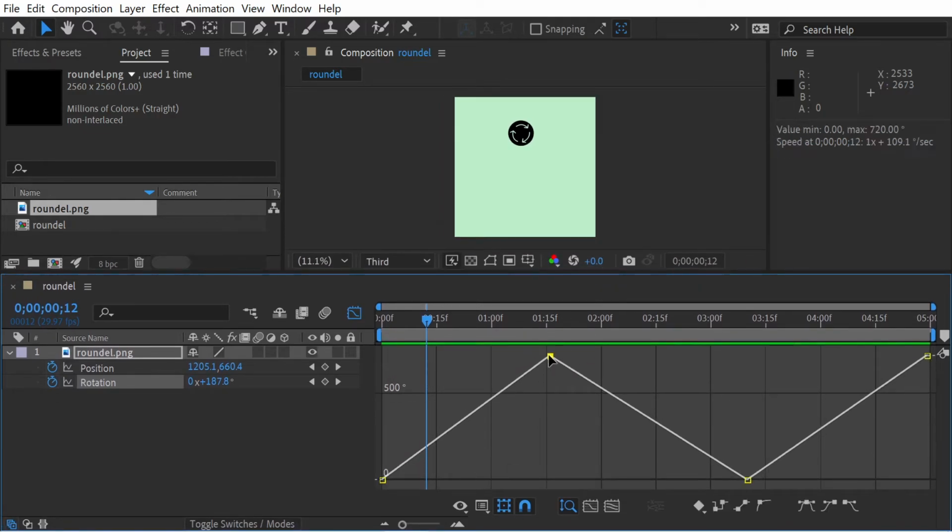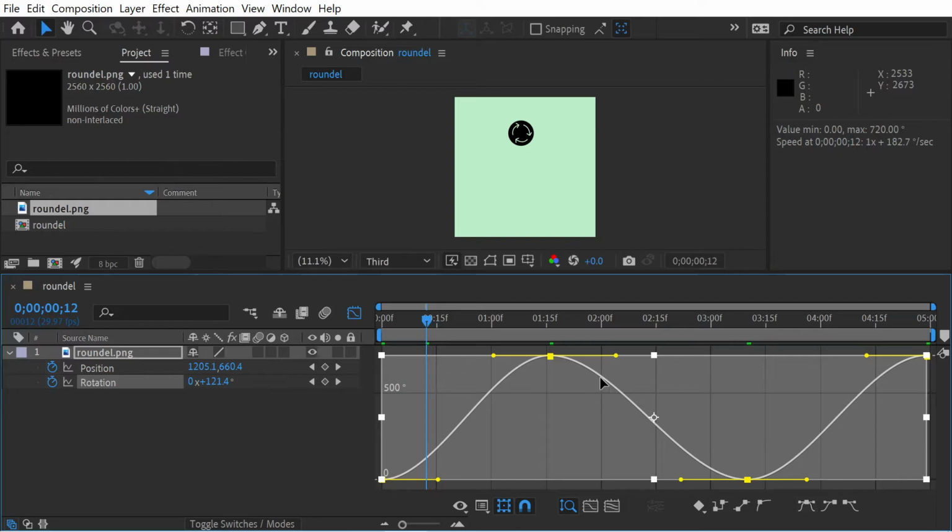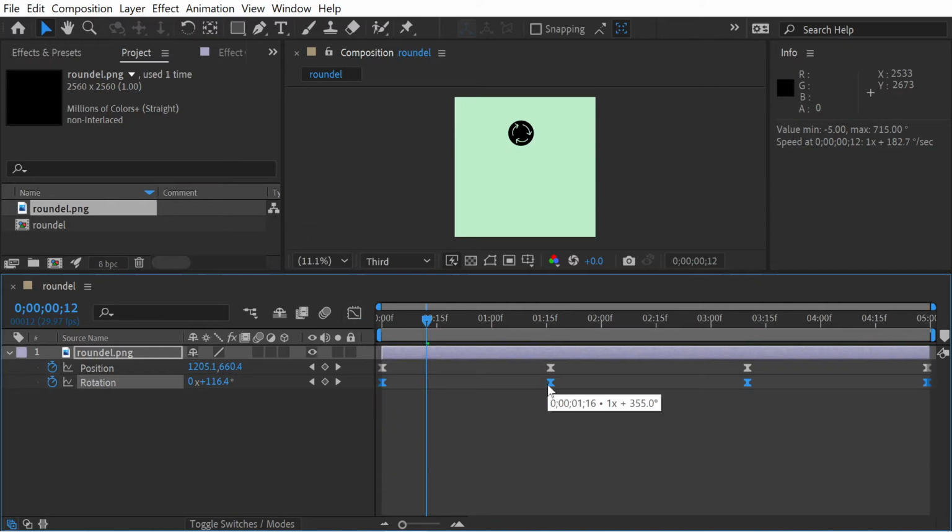But you do, of course, have the opportunity. What do we do, easy ease on these? You may as well just do easy ease on them, right? And then this value, and let's just see what's happened here. So that seems to just convert it straight up to a temporal Bezier.